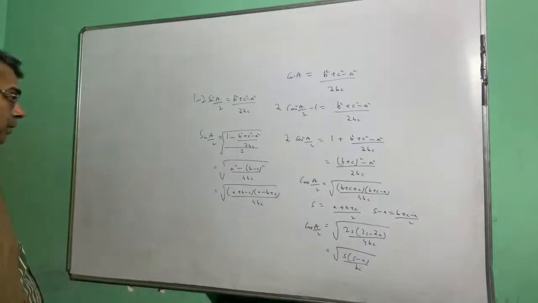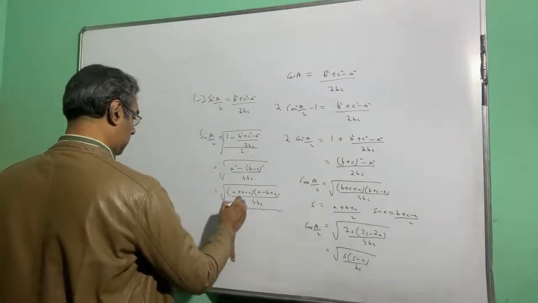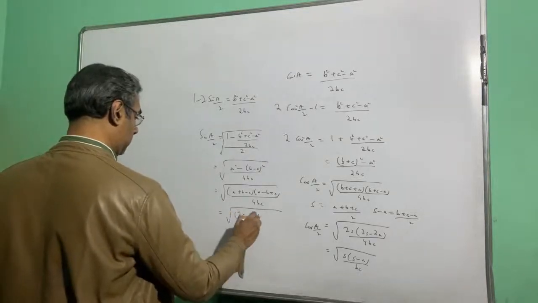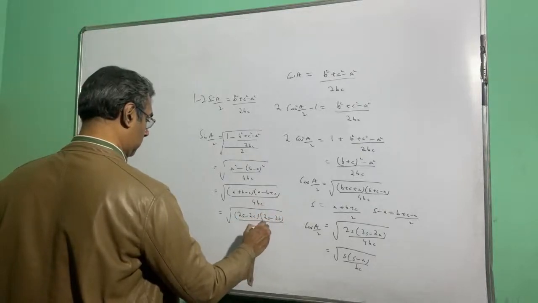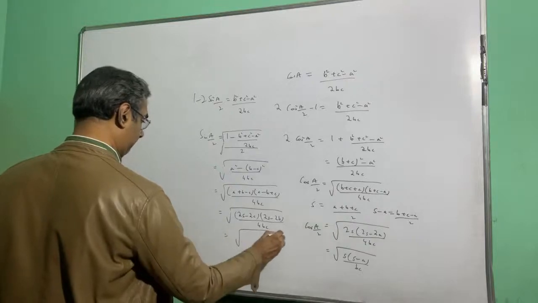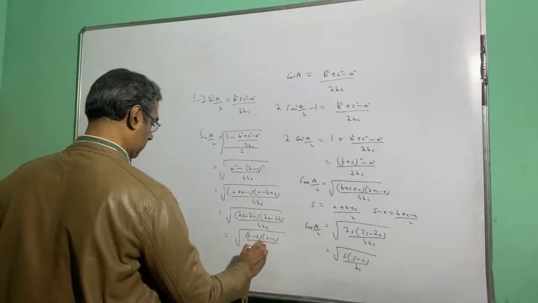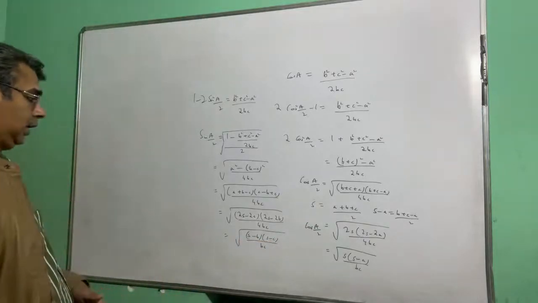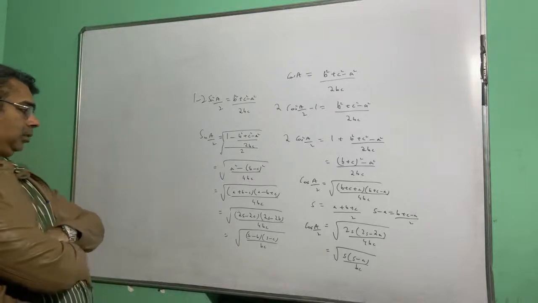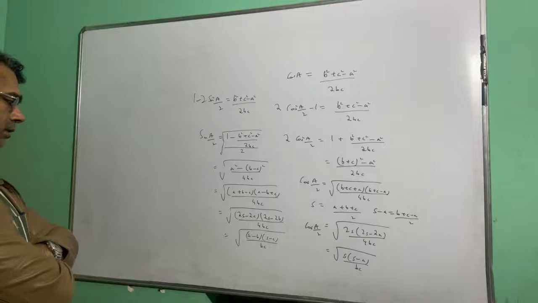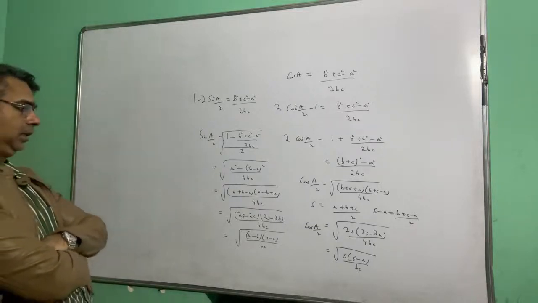So this is root over (a plus b minus c) into (a minus b plus c) by 4bc. So this you can write as 2s minus 2c and this you can write as 2s minus 2b, by 4bc. So it will come root over (s minus b) into (s minus c) by bc. So sin A/2, the formula will be root over (s minus b) into (s minus c) by bc. So this is the formula of sin A/2.